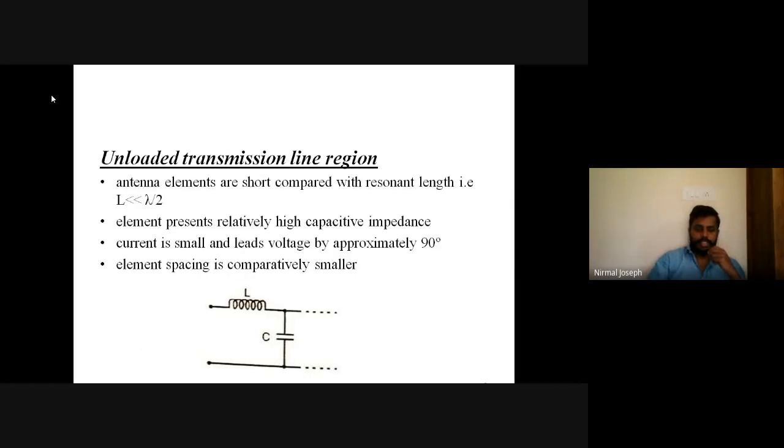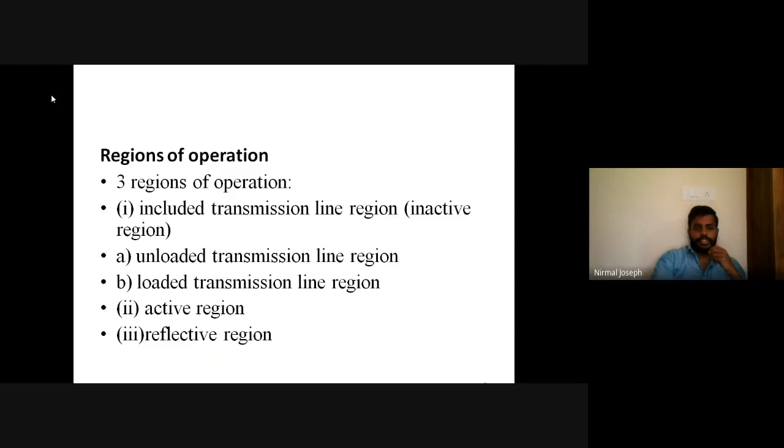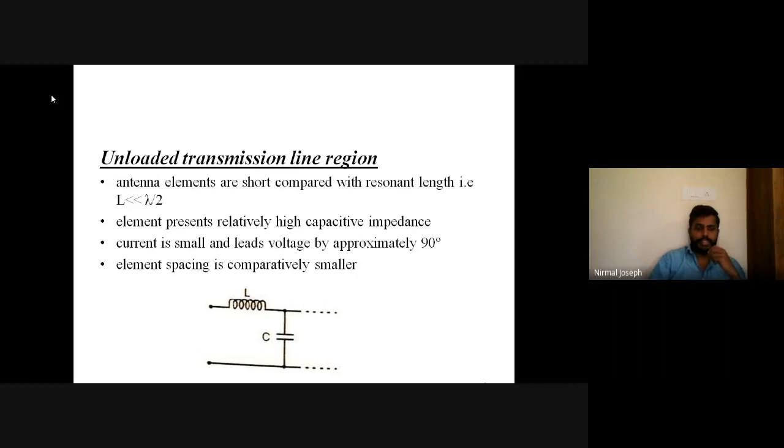First we will see the unloaded transmission line region. That is the first classification in the inactive region. Here antenna elements are short compared with the resonant length. Normally a lambda by 2 antenna is the resonant antenna, so we take lambda by 2 as the resonant length.